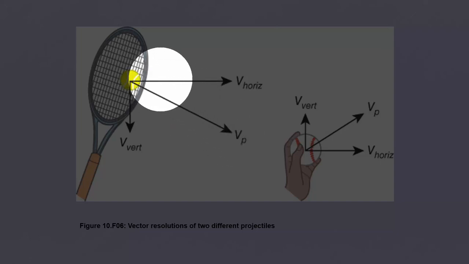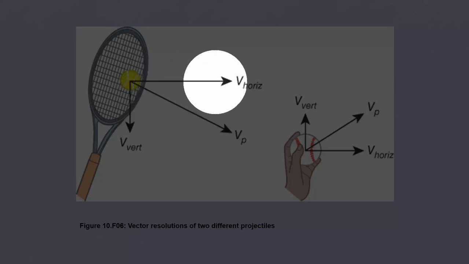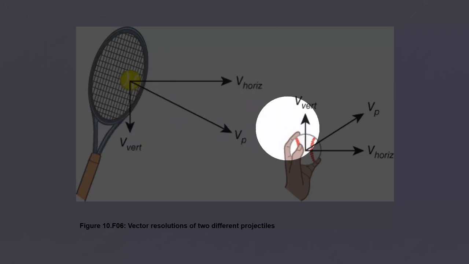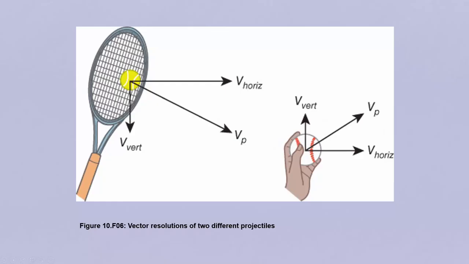And so if we knew what the angle was, the angle of impact, we can figure out the horizontal velocity as well as the vertical velocity. Same with a baseball. We can figure out the horizontal velocity as well as the vertical velocity if we knew the resultant velocity and its angle.